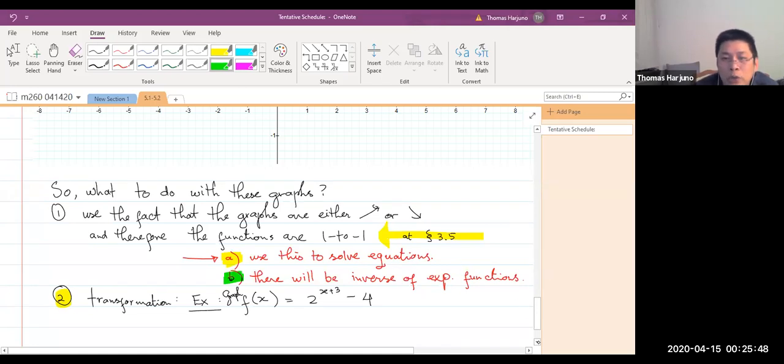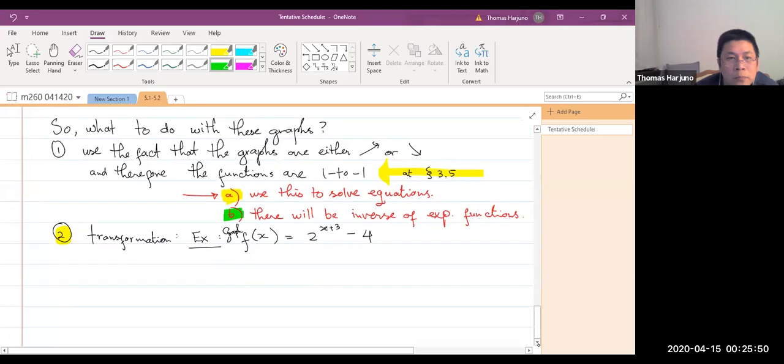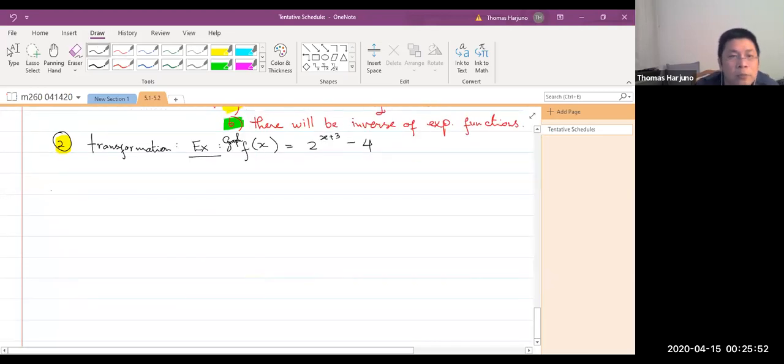Okay, now how do we use that to solve equations? Basically the following.